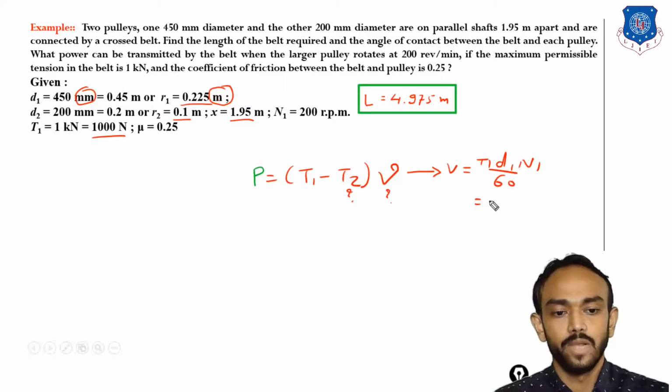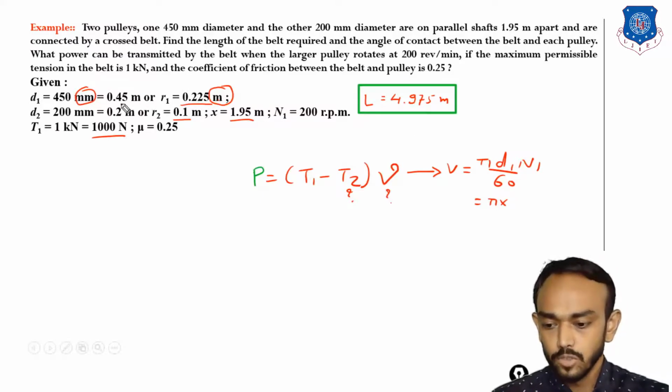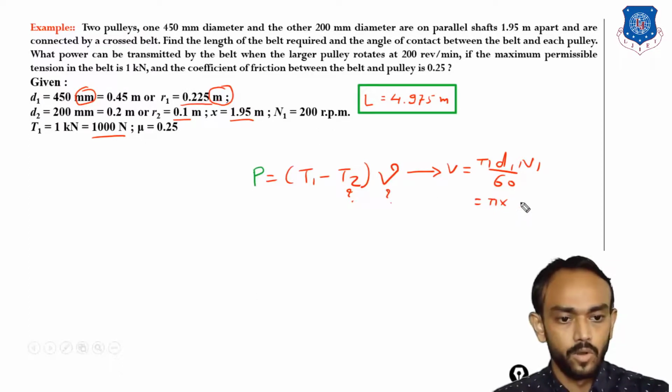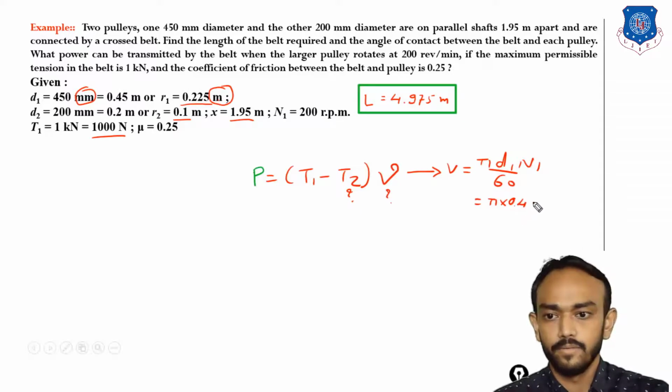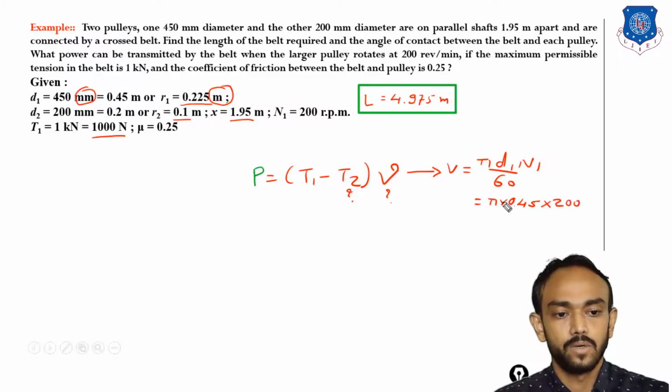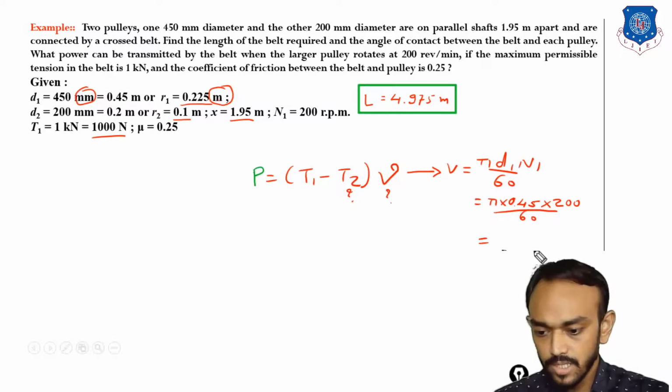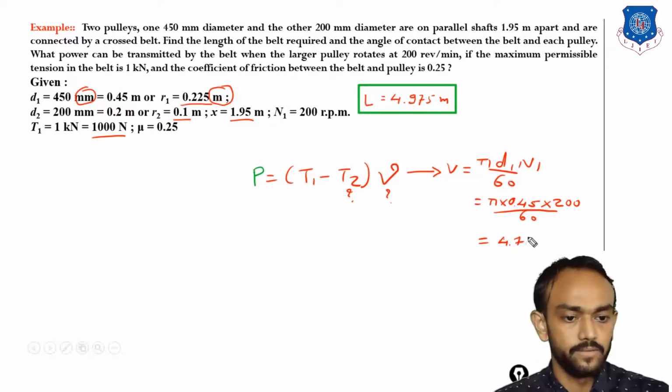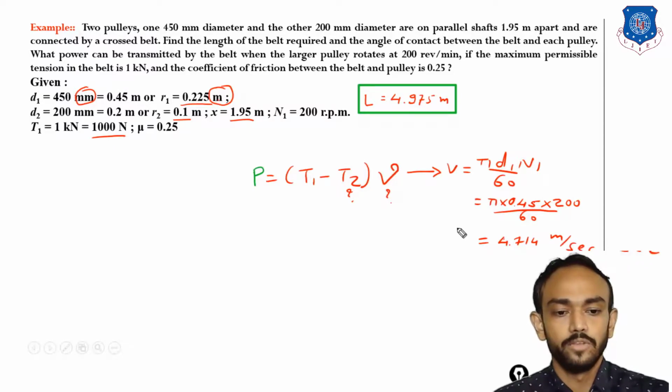Putting in the diameter in meters, 0.45, into RPM 200, divided by 60, you will find the answer is 4.714 meter per second. So you will use this velocity here.